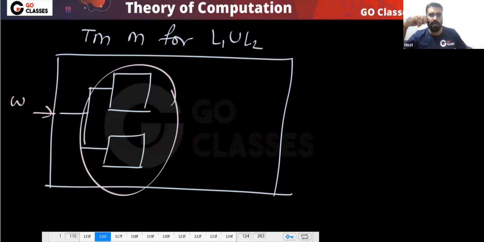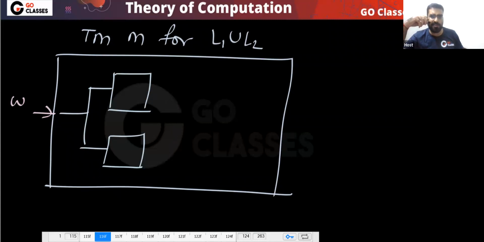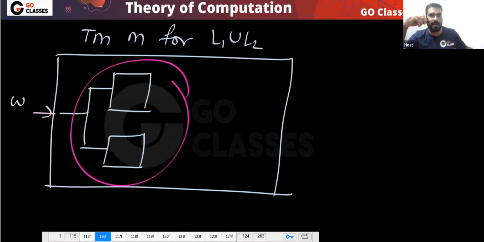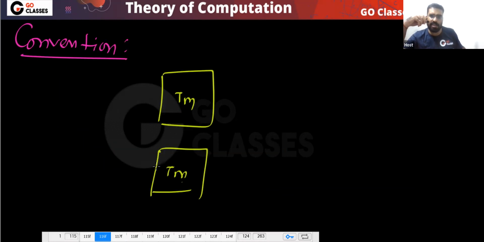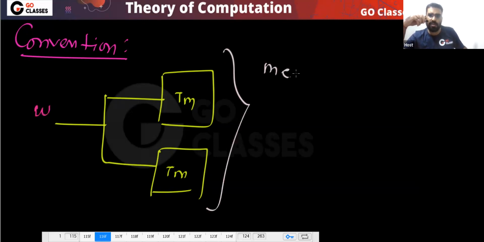It means dovetailing. Are we running in parallel or are we running in interleaving? We are running in interleaving. This is dovetailing. So when I create this diagram, remember this is my convention. Please understand. If I create a diagram like this, it means I am doing interleaving.